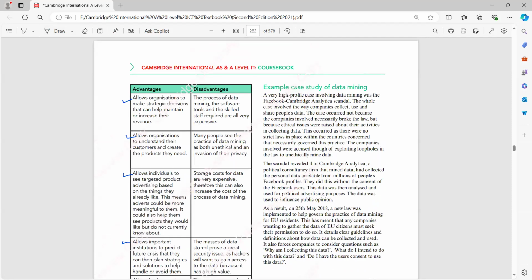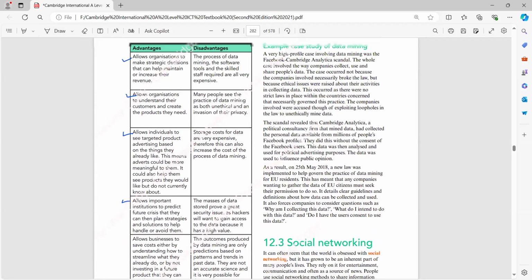It can also save businesses costs, whereas it has disadvantages as well. The process of data mining and the software is very expensive, and many people see the practice of data mining as unethical and an invasion of privacy, because like the example I gave you, it bombards them.